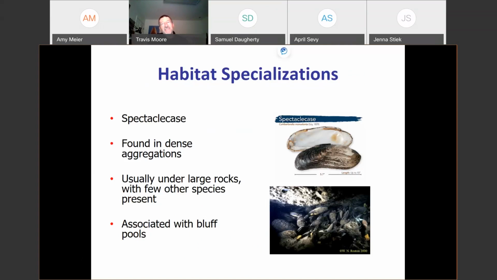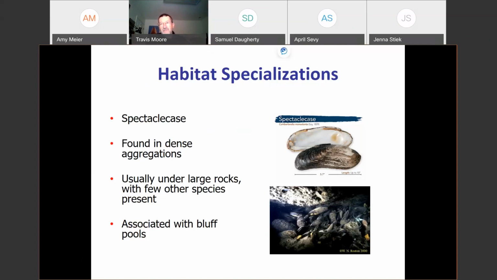Now, sometimes we accidentally create good mussel habitat. An example is in the range of the spectral case mussel, where state and county highway departments have gone in and put in bridges and then used large chunks of riprap, large chunks of rock, to try to armor around those.